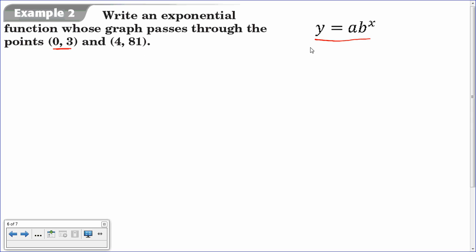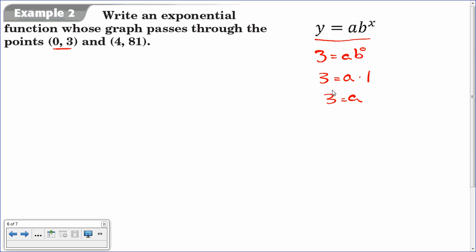Let's plug those into this and see what happens. Alright, y. Well, our y number is 3 equals a b to the x, and our x is 0. You'll recall that anything to the 0 power is 1, so 3 equals a times 1, or 3 equals a. This set of numbers, as long as the first number is 0, will tell you what a is.